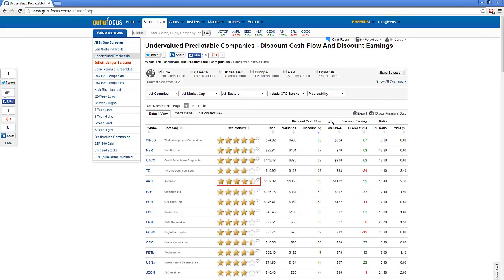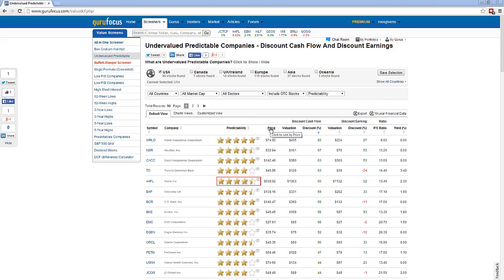So what this screen does is find those predictable companies that are also undervalued based on their discounted cash flow valuation. As you can see here, it shows you, based on the discounted earnings and discounted cash flow, at what percentage of a discount they are over or undervalued. It's a really nice little screener to use if you're looking for higher quality companies.